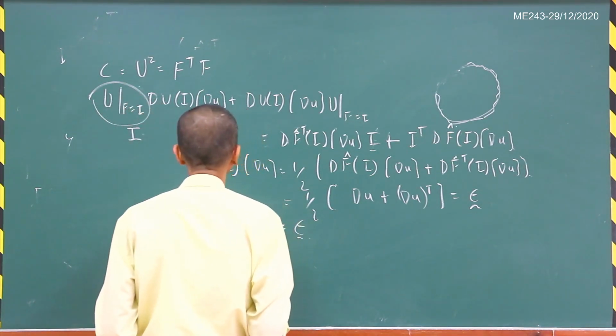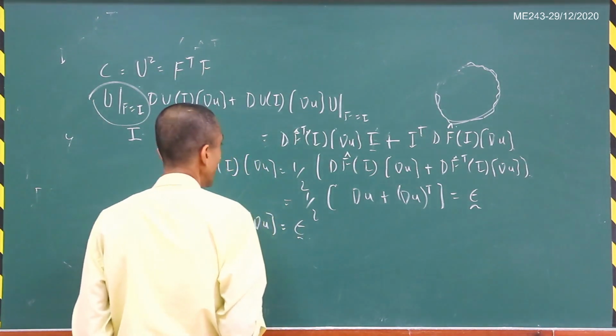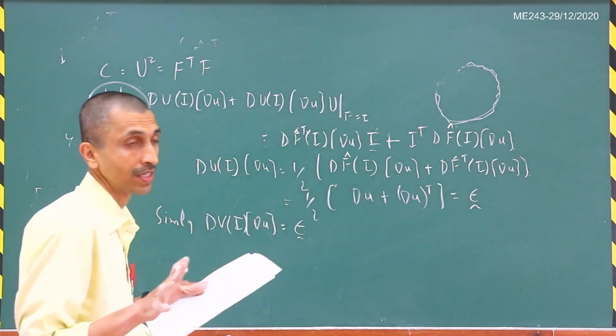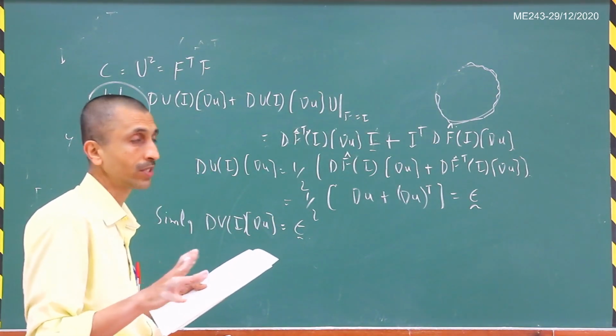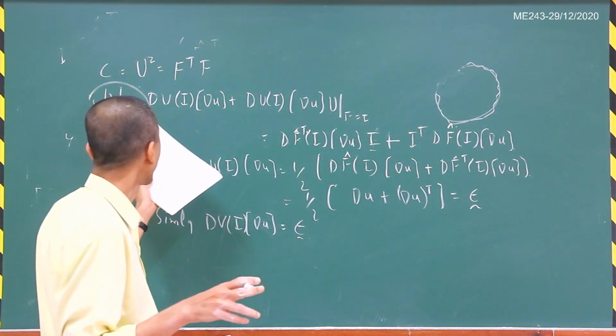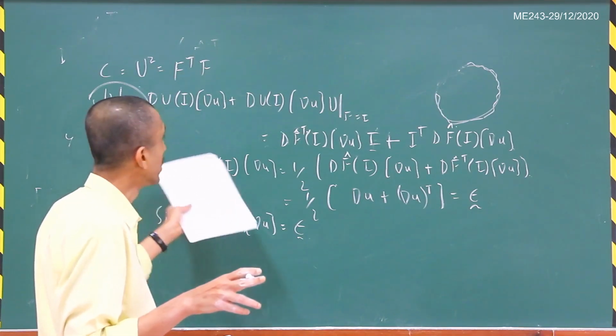Let us now find the linearization of the R part, that is the rotation part in the polar decomposition. So F = RU, right? We found that the linearization of U is epsilon itself.